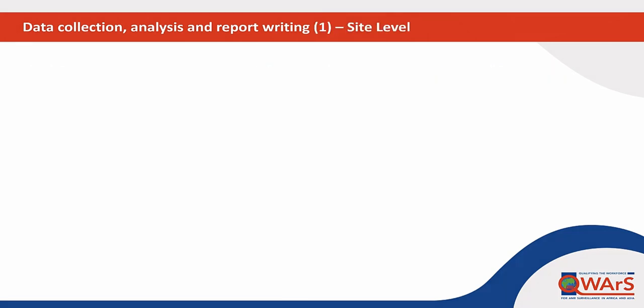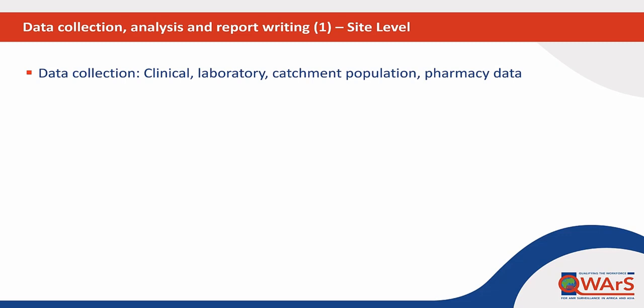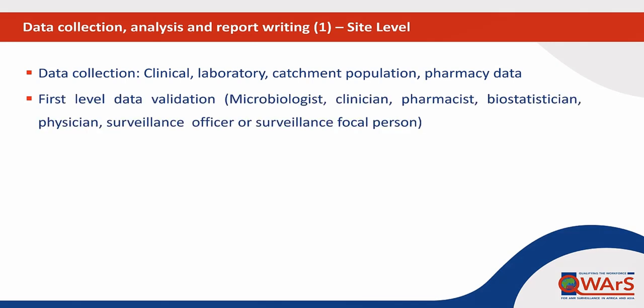At surveillance site level, data is collected from clinical laboratory, catchment population, and pharmacy data. The surveillance site team, including microbiologist, clinician, pharmacist, biostatistician, physician, and surveillance officer, is responsible for data collection, validation, analysis, and interpretation.